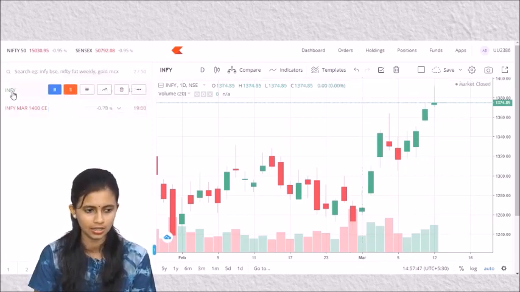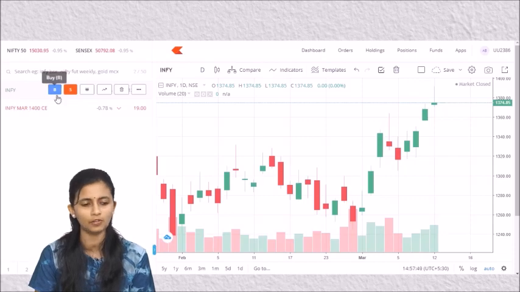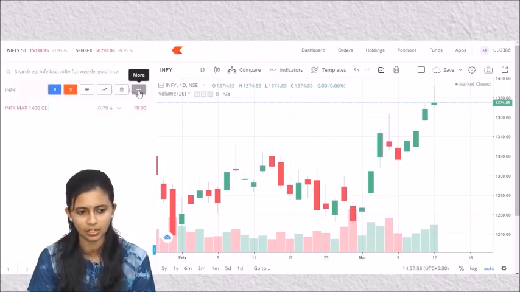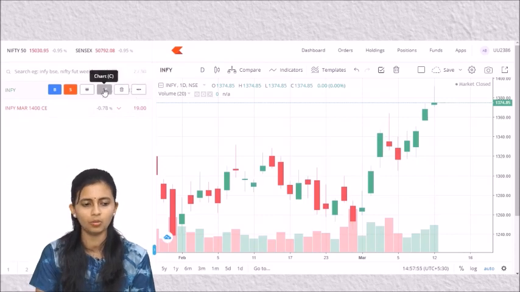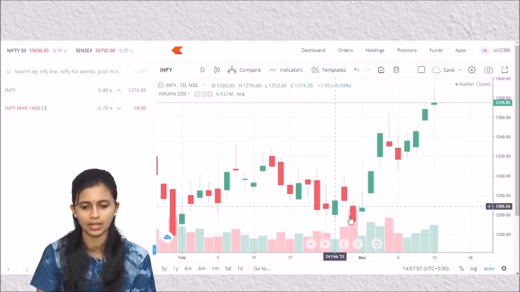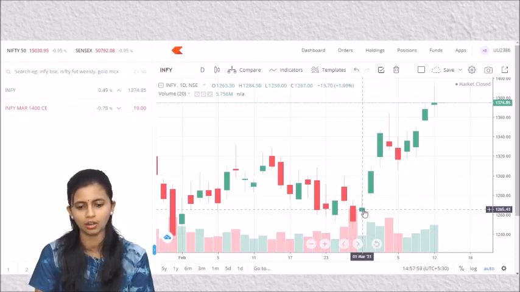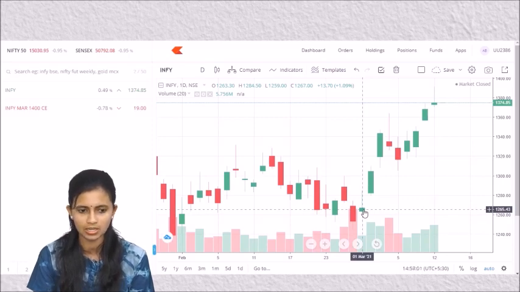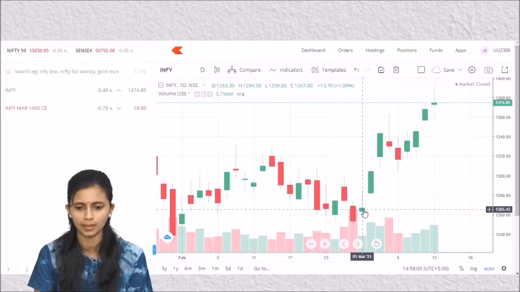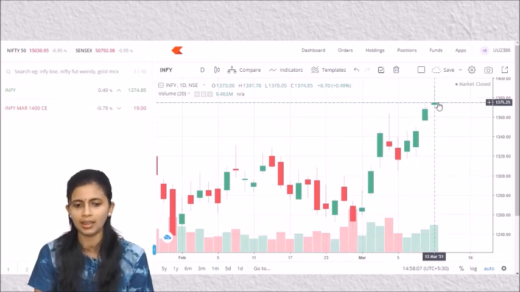You can see here, Infy, I have taken the example of Infosys. Infy spot is at 1374, right? Now if I open the day chart of Infy, you can see that on March 1st it opened at around 1263, and today it is at 1373.